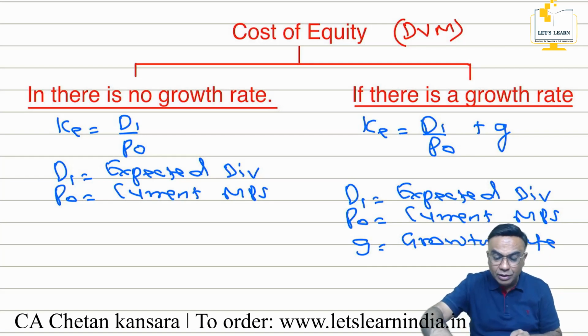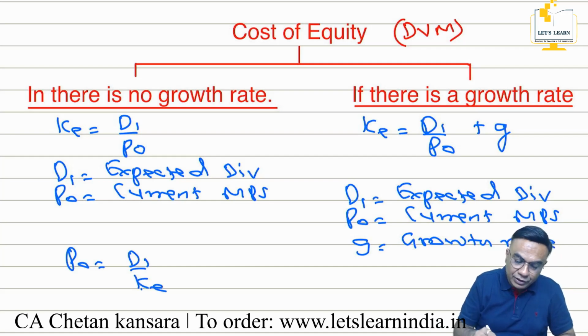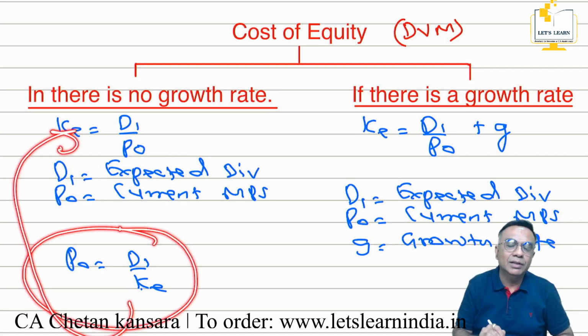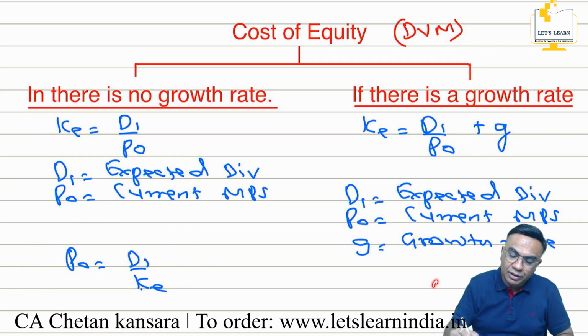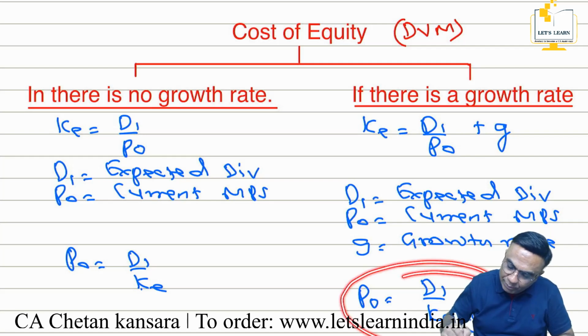Actually the original formula is P0 equal to D1 upon KE minus G, and from this we derived this formula.